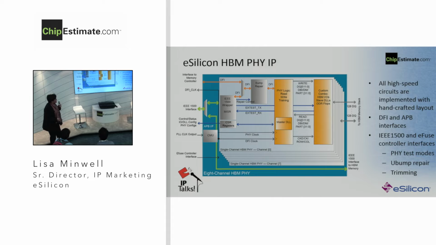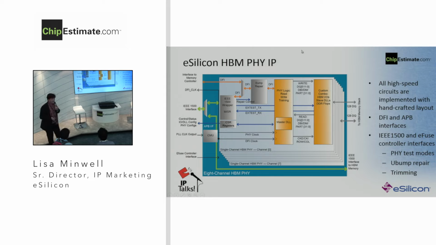This is what the HBM PHY looks like. This is showing you 8 channels. And really, what we've done is anything that's in the critical path of meeting that 2 gigabit per second performance is done with handcrafted layout. Then, of course, the rest of the PHY is meeting the JEDEC standards.